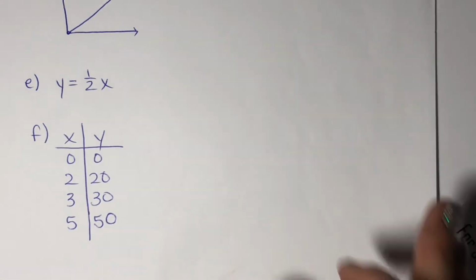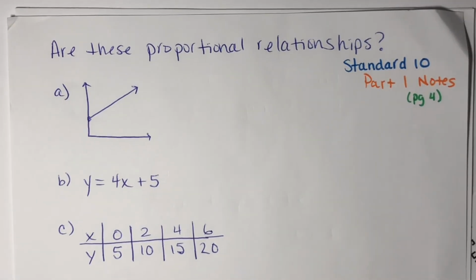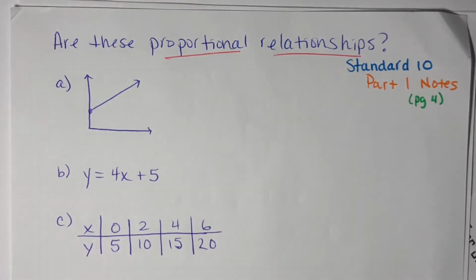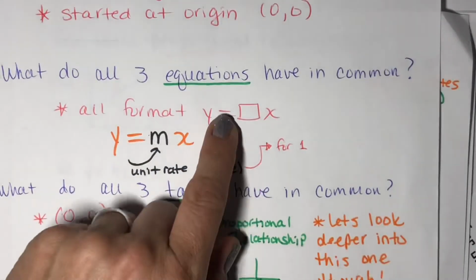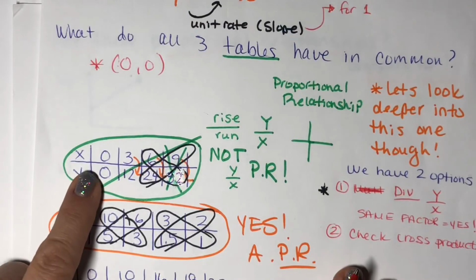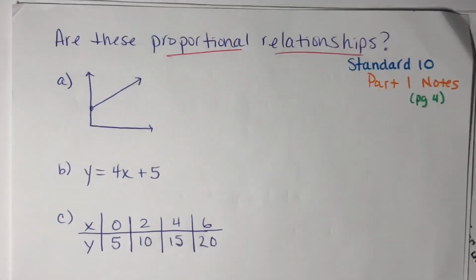This is the purpose of this whole assignment: learning about what a proportional relationship is. A proportional relationship is a straight line through the origin that can be written in the form of y equals mx, contains the point 0, 0, and has the same factor relationship from a table.